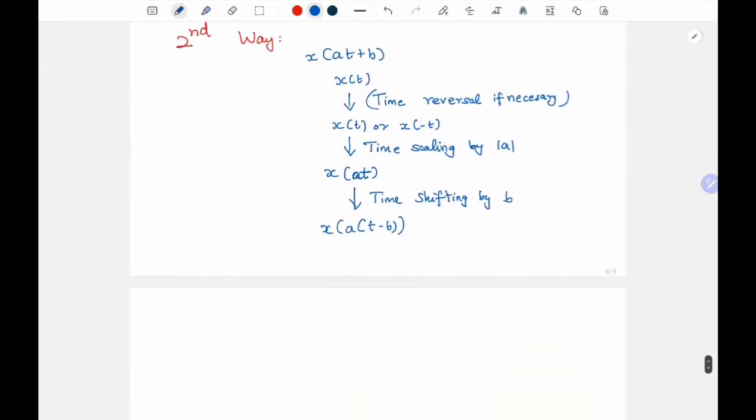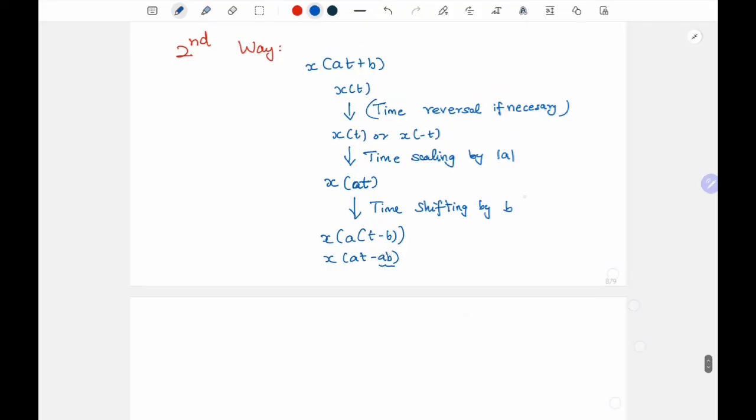So here what you will get? You will get at minus ab. So you don't want ab, you just want b. So what you do? You just time shift by b by a. So then this will be b by a, correct? So then when you multiply, you will get at minus b. So this is what we want.